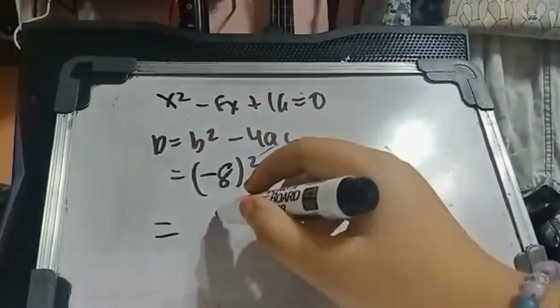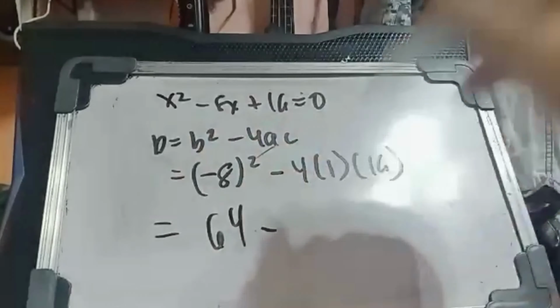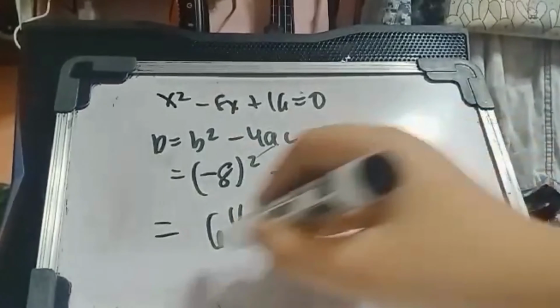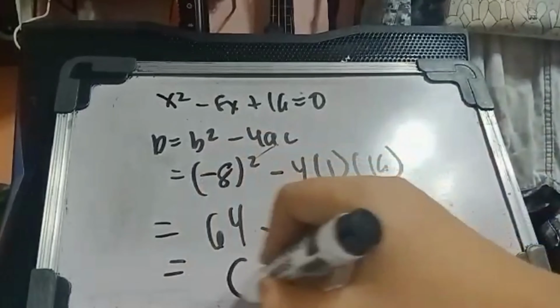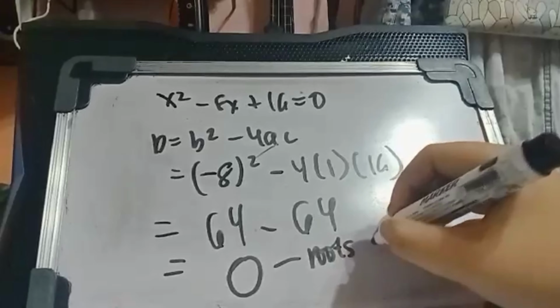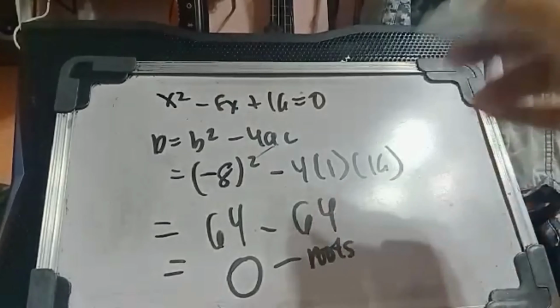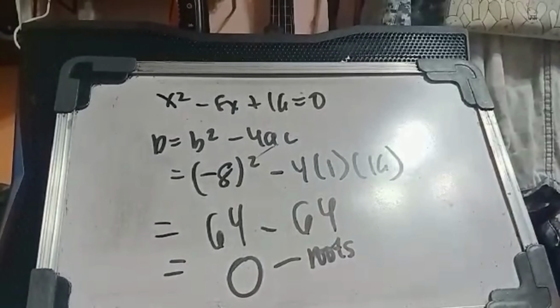So, ito ay magiging 64 minus 4, 1, 16. 16 times 4. 64. Oh, 64 din. So, magiging 0. So, our roots, each of the roots are one real root then. Katulad ng kanina.